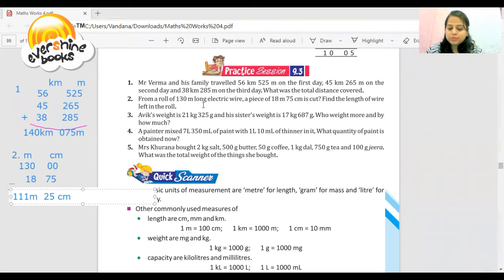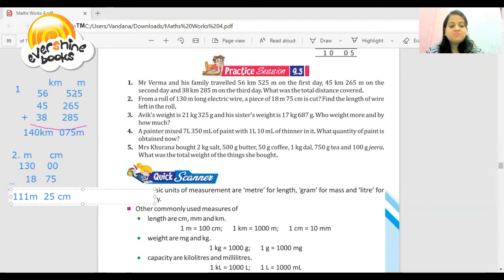What was the total distance covered? So students, it's your kilometer form and it's your meter form, means section wise you have to write the numbers. Now in this, Mr. Verma and his family traveled 56 kilometer first day. So you have to write here 56, 45 in second day and 38 in third day.